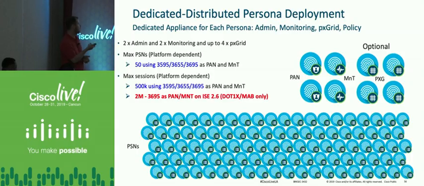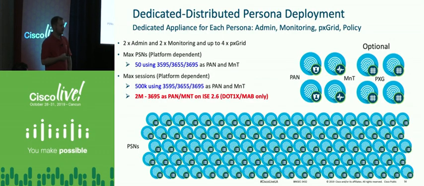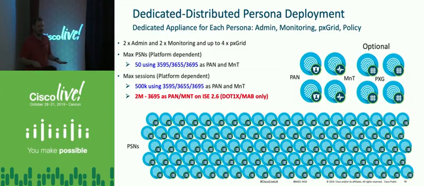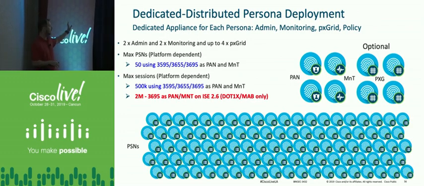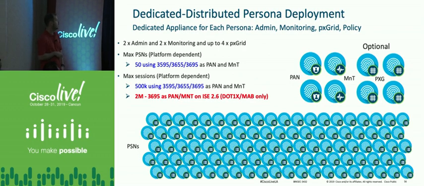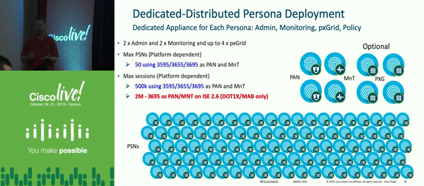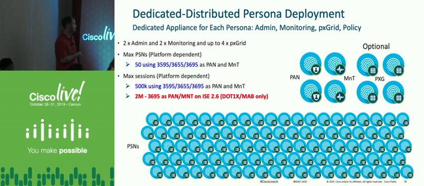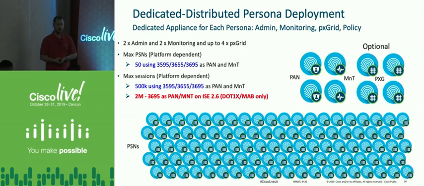Another 2.6 feature that we added was the ability to have up to 4 optional PxGrid nodes. The total number of PSNs has not changed in a long time. So we're still at 50, so you can have up to those 50 PSNs. And we do see customers that grow that number out because they do want local PSNs at branches or local deployments. This 2 million number, I will warn you, the test was really .1x MAB only.